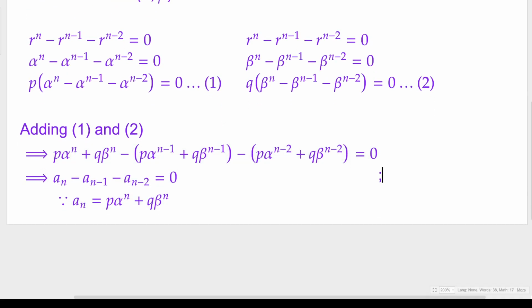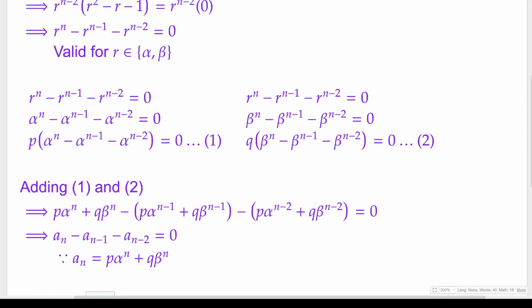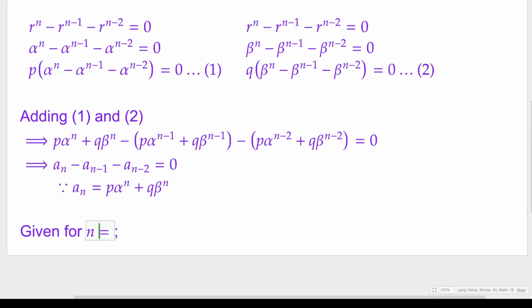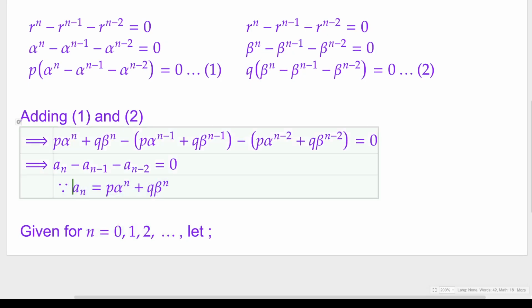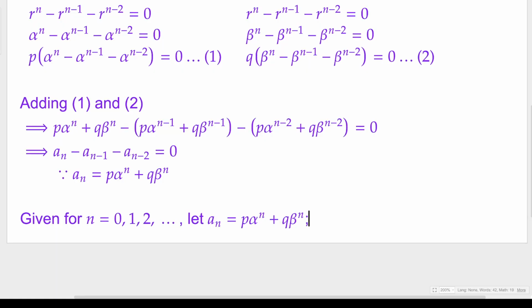Now it is given in the problem statement that for n considering these non-negative integers, for these values it's already given that a subscript of n is equal to p times alpha power n plus q times beta power n, right?